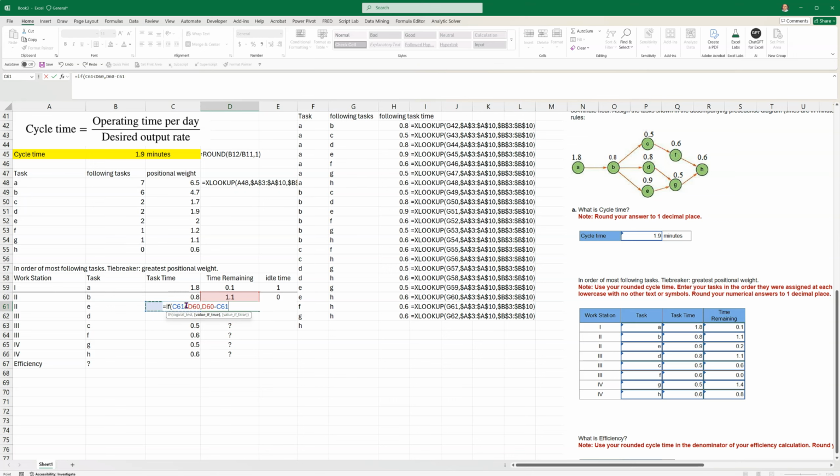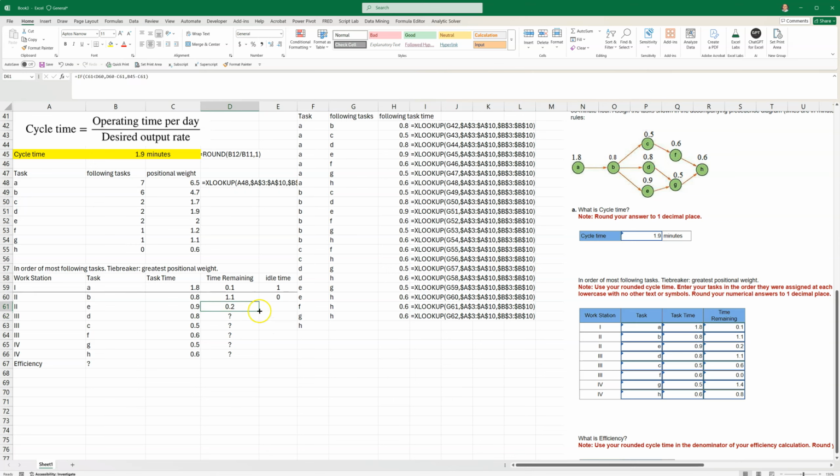If it's not, then the time remaining has to be equal to that minus that. This makes sense after we do it. So now we have 0.2 left.